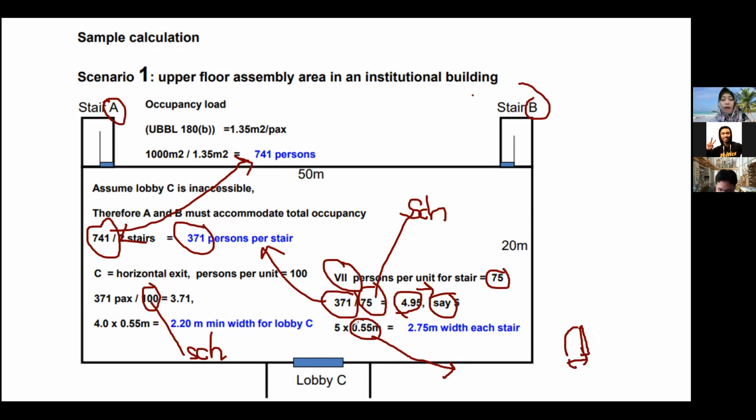So you multiply by 5, you need to have 2.75 for each staircase. So you need to provide almost 2.75 width for each staircase.